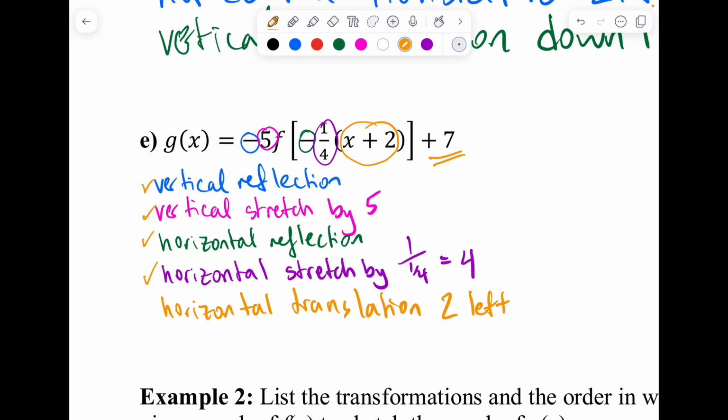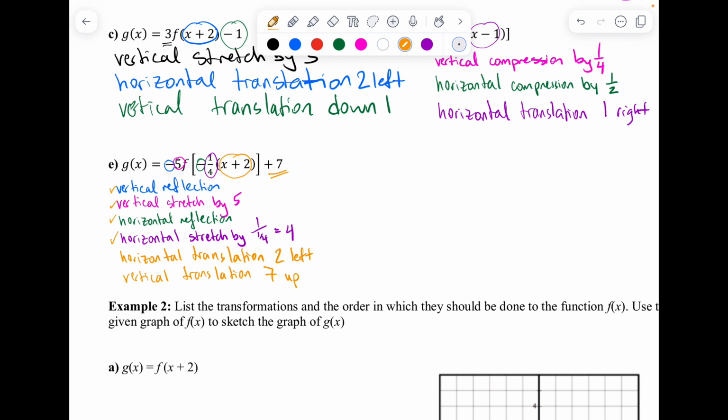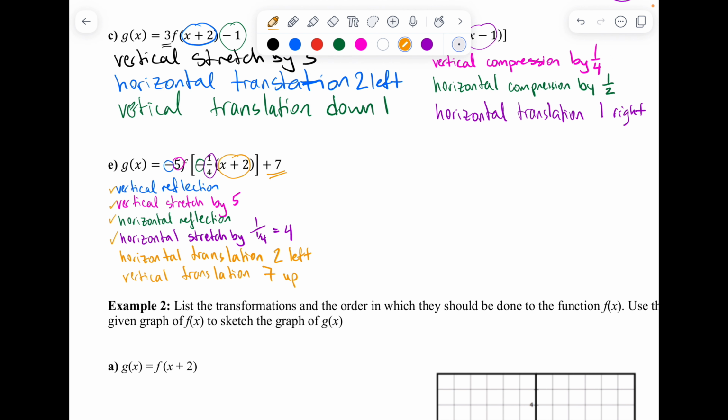And then there's this plus 7. So that's a vertical translation, 7 units up because it's plus 7. Okay, so that's all the possible things that could happen. All right. Let's look at some examples.